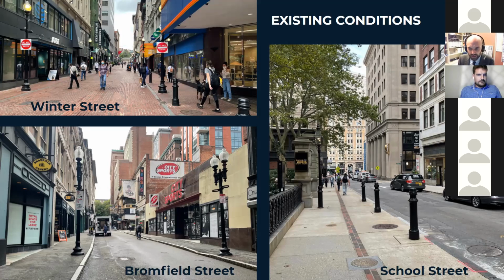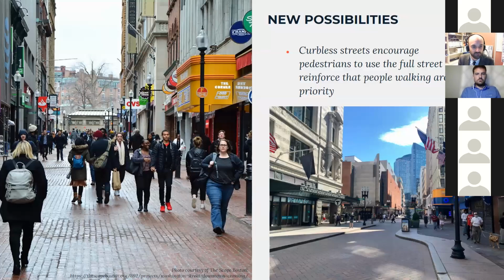And then Bromfield and School Street are both streets where the sidewalks and the pavement are in kind of rough condition today, have accessibility challenges, and we could rebuild them much as they are today, or we could rethink them and think about maybe making these more like curbless shared streets, like we saw in some of the example images earlier.